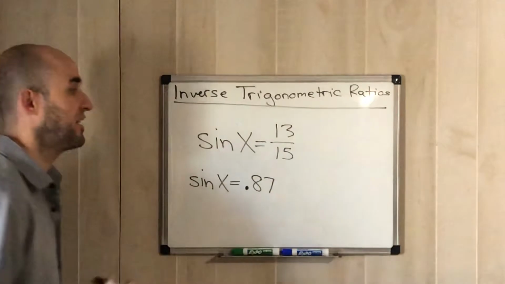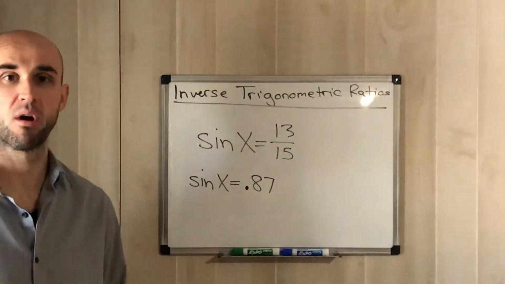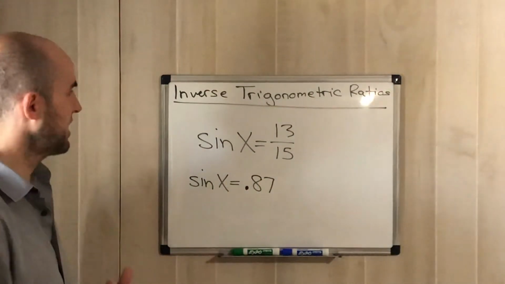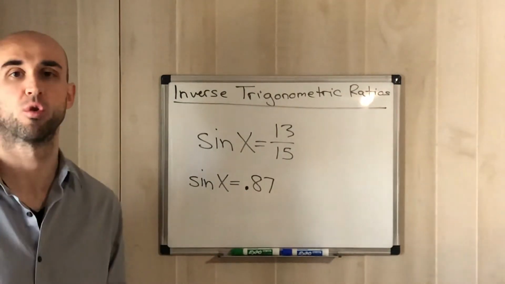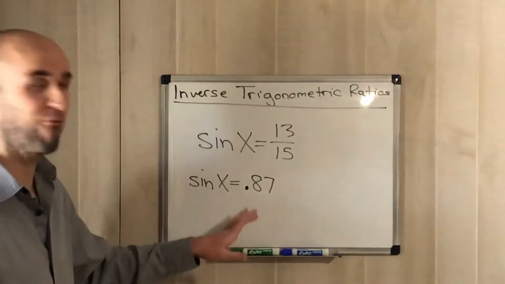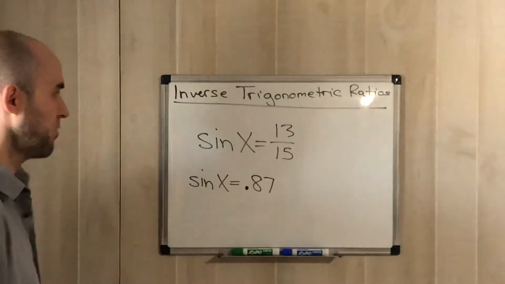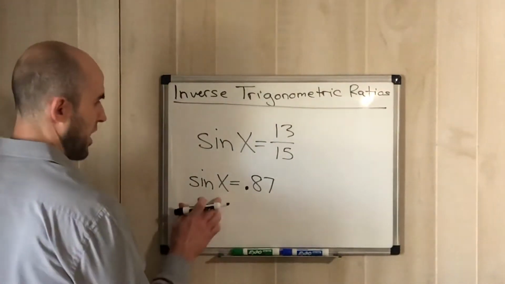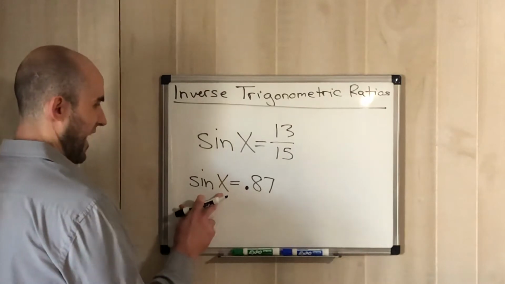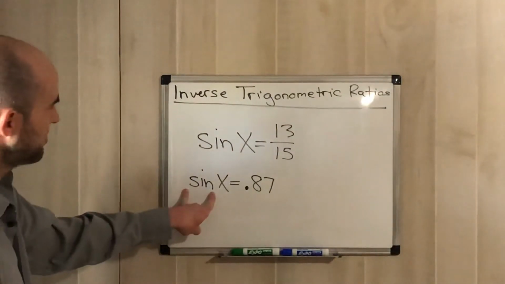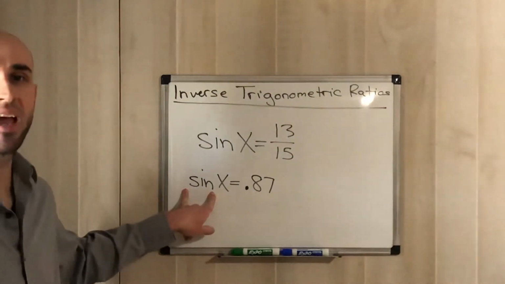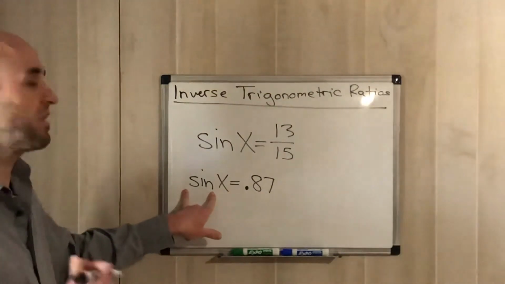And again, my advice to you, to make it truer in terms of a decimal, I would say just keep the decimal true to what it is instead of rounding. If we need to round, go with 2 decimal places, right? So now what we want to do, we want to isolate x, right? We want to get x by itself, which means we need to get rid of sine. So in order to get rid of sine, we have to do the opposite. We have to do the inverse.